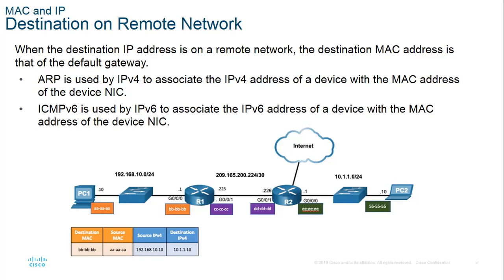To be able to discover the MAC address of the destination, which is PC2 in this case, if PC1 is communicating with PC2, we need some means, some tools, which will help us to discover the MAC address of the destination. Here comes the role of the ARP protocol for IPv4 and ICMP version 6, which is the network discovery options of ICMPv6 for the IPv6 protocol.